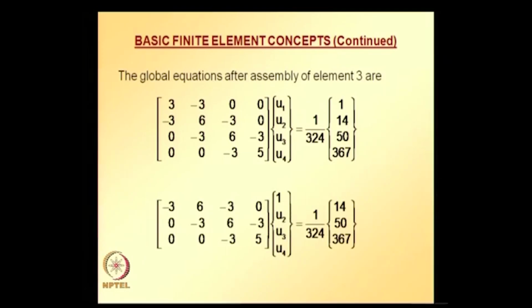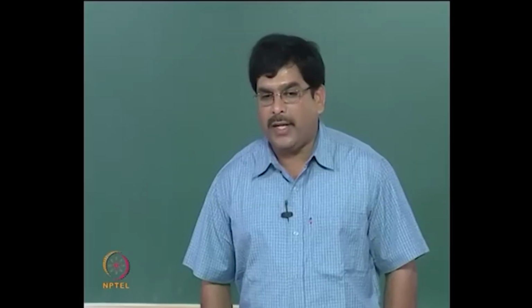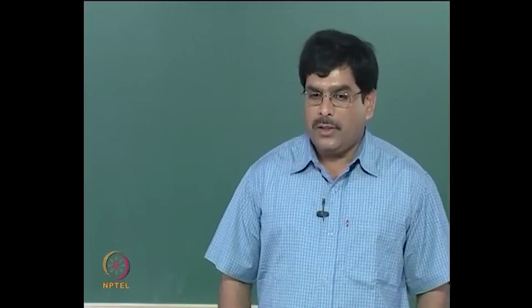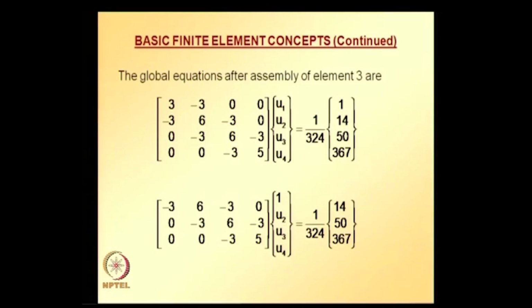So, what you can do is, in the global equation system you substitute u1 equal to 1, and wherever the essential boundary condition is specified, that row you can remove from the global equation system. That is, from the stiffness like matrix you remove that row, and also in the force like vector you remove that particular component.